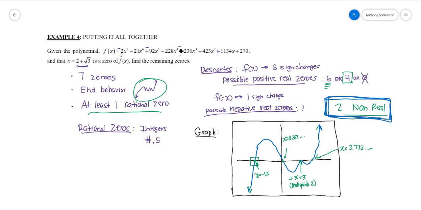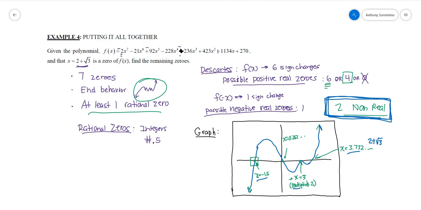I'm going to be trying to locate and find out the value of these 2 non-real ones because I've already established most of the other ones, because my calculator gave me this. This one is irrational, but this also happens to be what 2 plus the square root of 3 is, because that was told to me that was a zero.